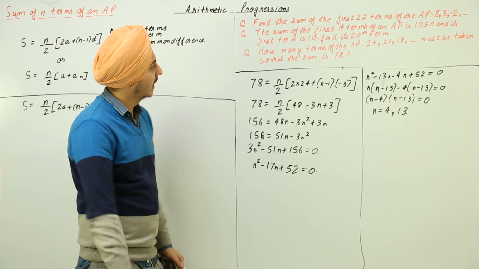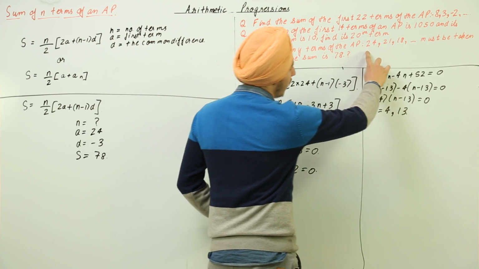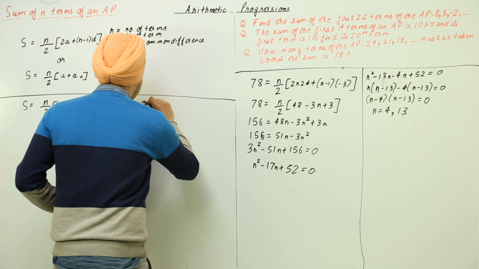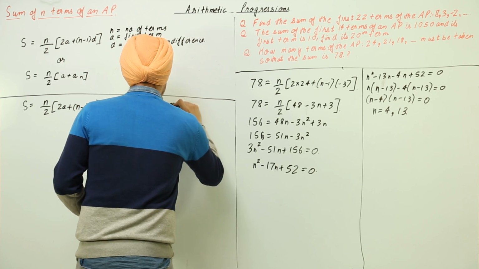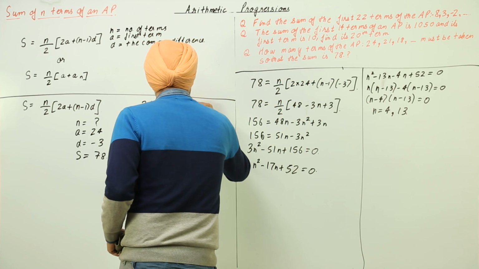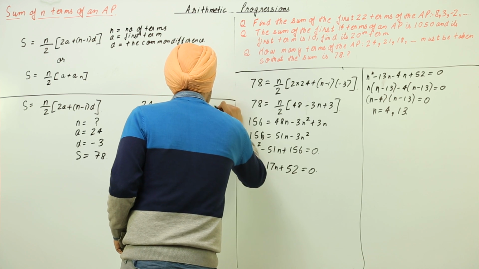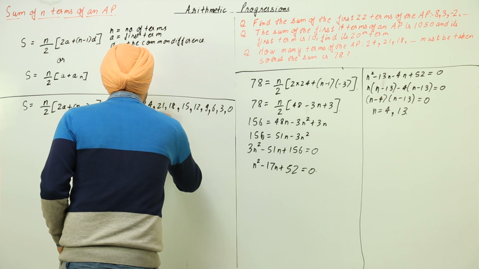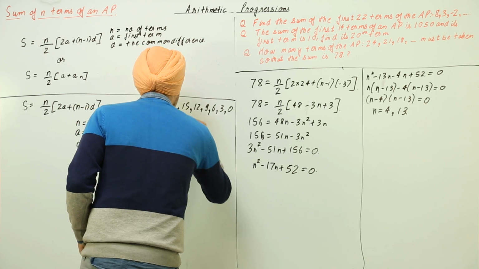Now you must be wondering, how is this possible? Now if you see over here, the first term is 24 and the terms then are decreasing, right? So at some point of time the terms will start getting negative, right? This is going to be like this: 24, 21, 18, the next term will be 15, the next term will be 12, 9, 6, 3, 0, then minus 3, minus 6, minus 9, right?